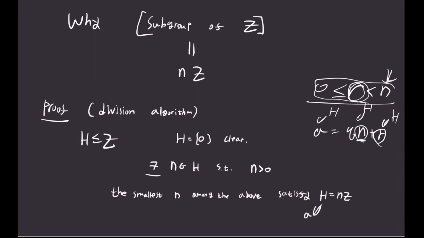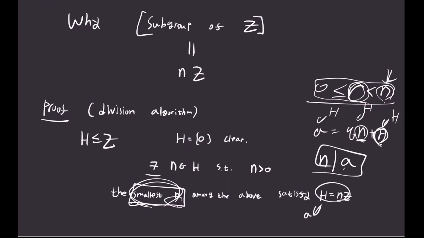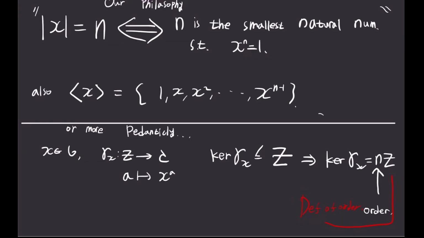But r is smaller than n, so this is a contradiction to the assumption of n, so we can conclude that r is 0, and so n divides a. So this is the proof of the lemma. So I finished the definition of order.